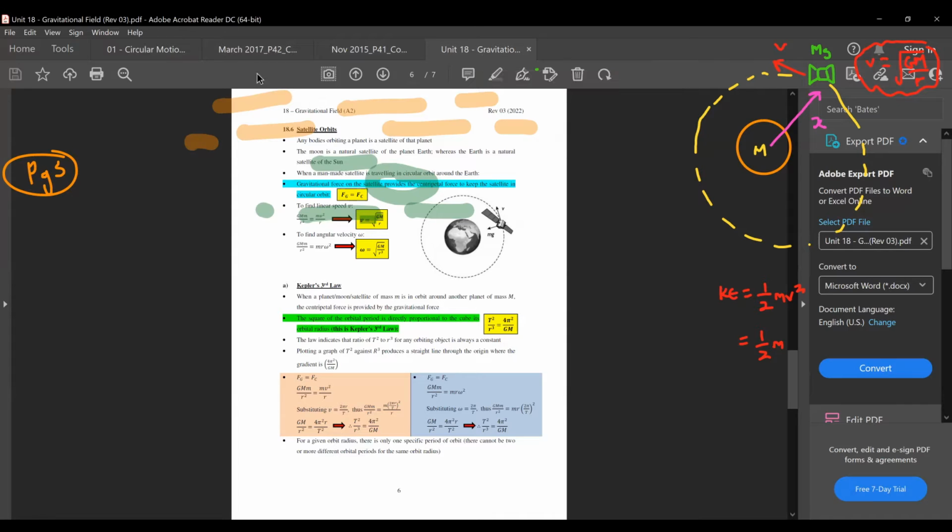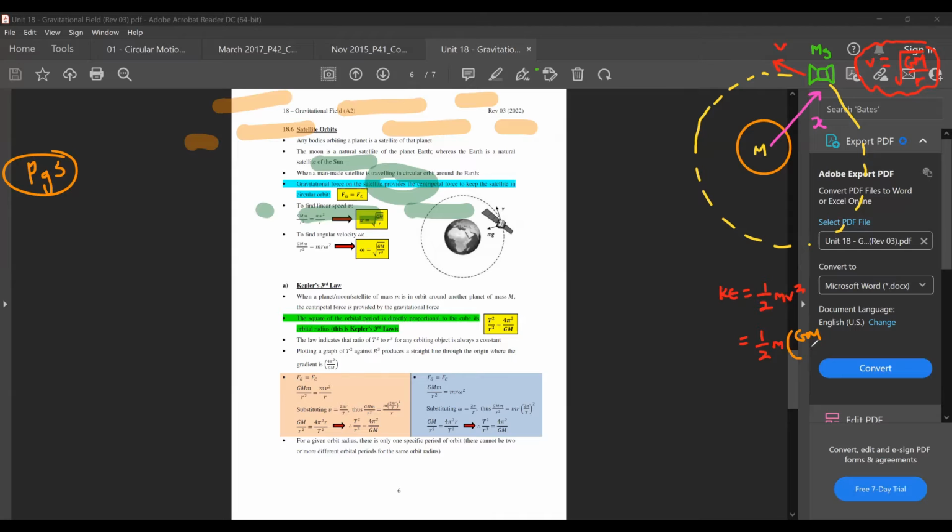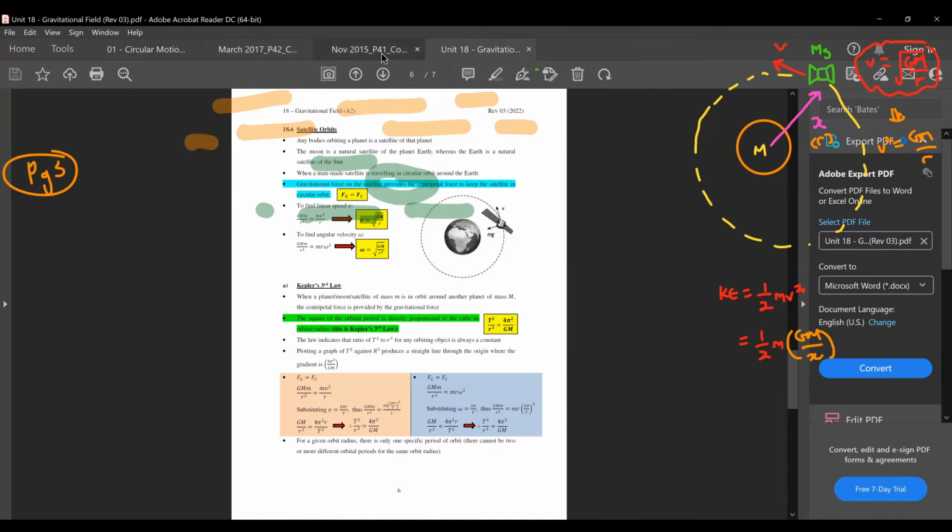So in your case, this one would have easily just been GM over x, because you square already. If you square it, it will just be GM over r. But your r is actually your x here. So this one would be the easy way to go about it.